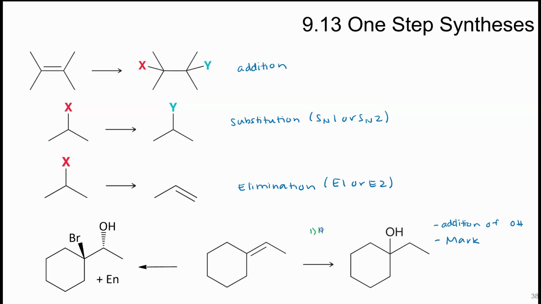The first is just acid and water. That one goes through a carbocation, and I don't have to worry about a rearrangement because this is tertiary, so that one would work. If you did have to worry about a rearrangement, you could use the mercury.